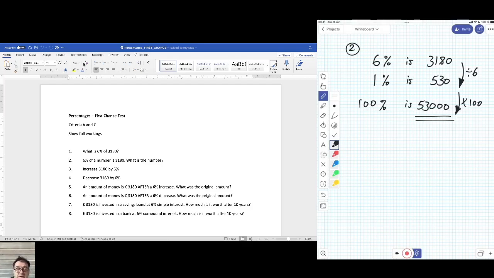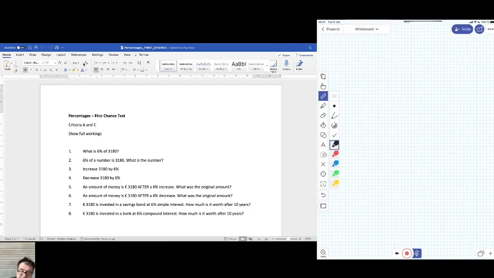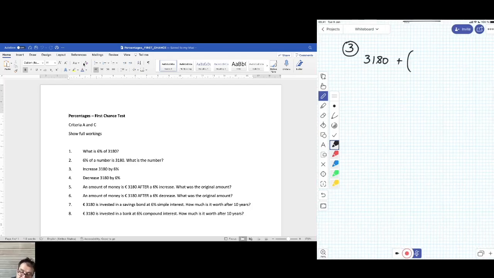Okay, question 3 that says increase 3,180 by 6%. There's a couple of ways you can set this out. You can say the original 3,180 plus brackets 6% of 3,180.